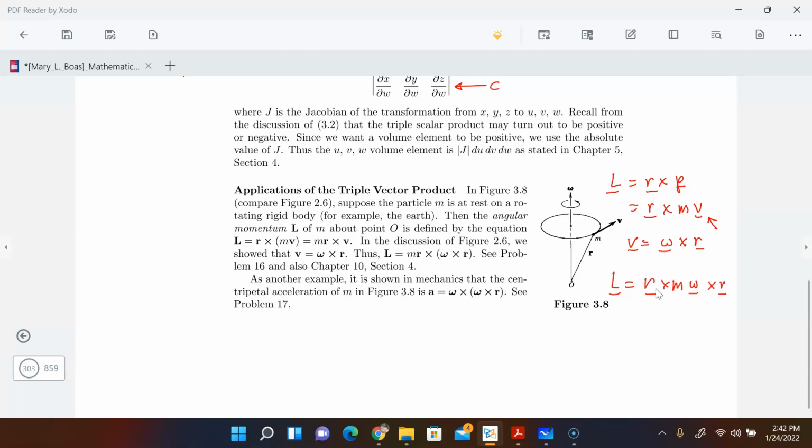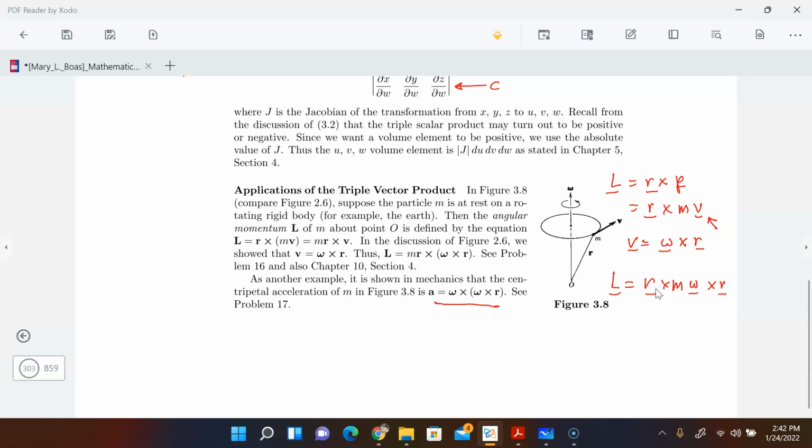Another one would be this centripetal acceleration. We will look at this in a minute in a simpler case. It's again a triple vector product, omega cross omega cross r. Where is this coming from really?